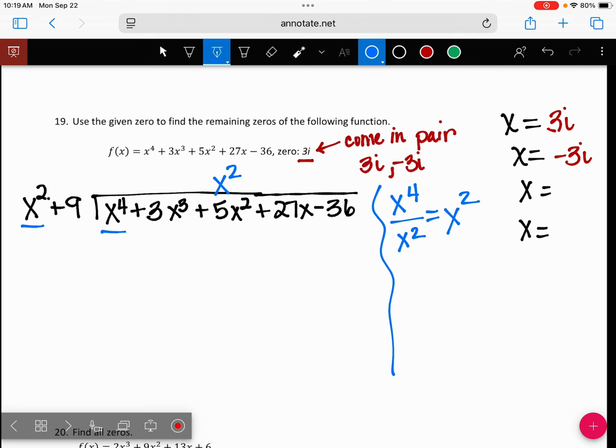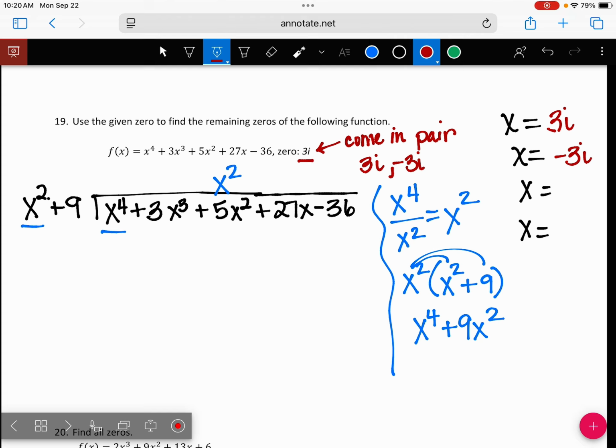take the answer you got, which was x squared, and multiply it by your divisor, which is x squared plus 9. And when I distribute, I will get x to the 4th plus 9x squared. So I'm going to bring that over here. And because I'm subtracting, both of those signs need to flip.